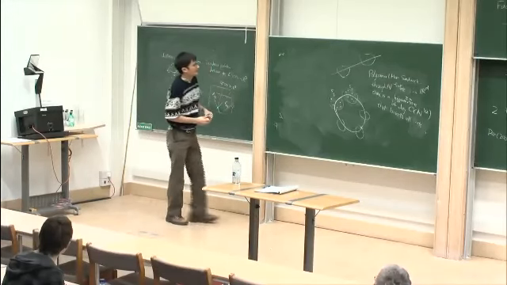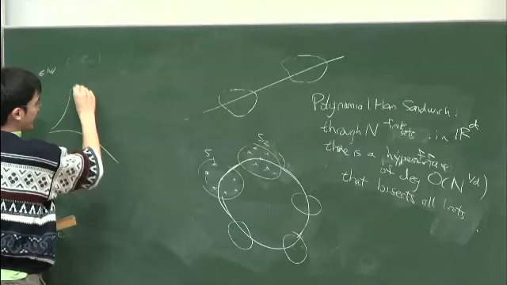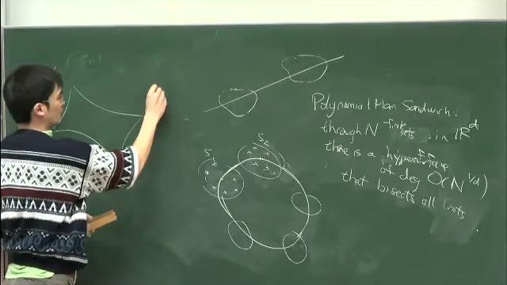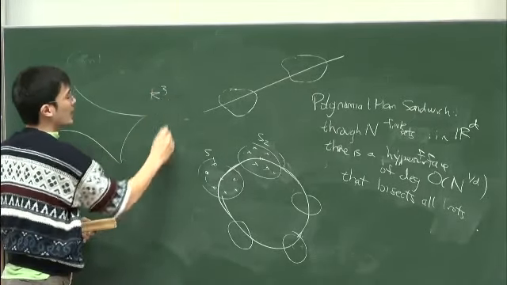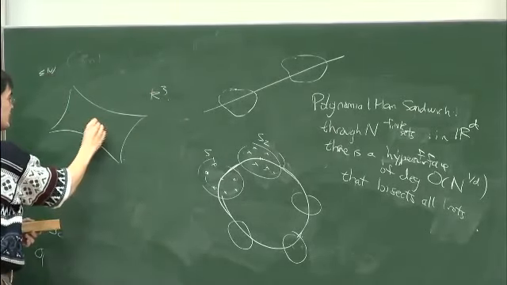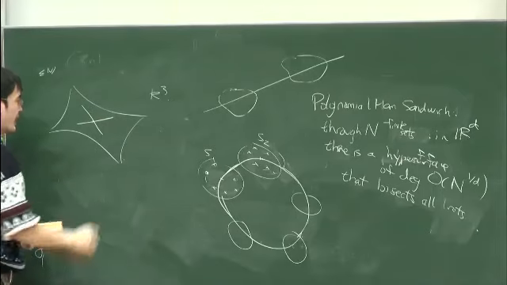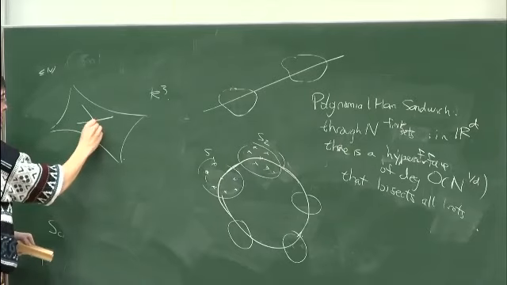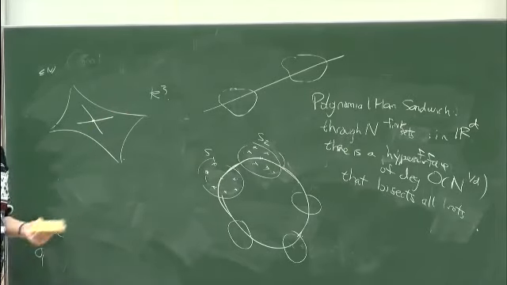Okay. But the key point now is that you have to use a little bit more algebraic geometry. So the extra stuff you use is that if you have a surface in K3, it is completely possible to have a point in the surface and have two different lines go through that point in the surface. It's completely possible.